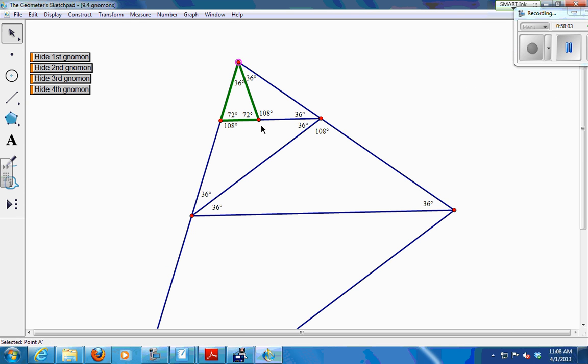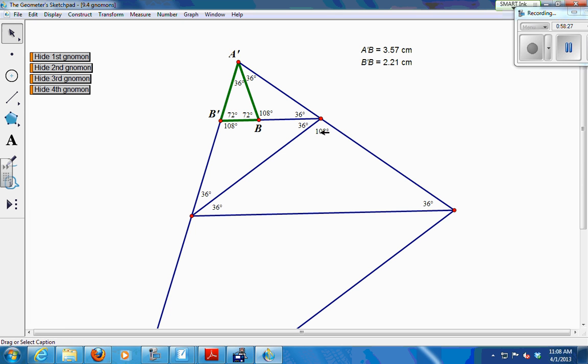I can have Geometry Sketchpad, that's the program I'm using, measure a distance. So I go measure distance. The longer leg of the green triangle is about 3.57 centimeters. And then we do the shorter leg. Measure how long that is.